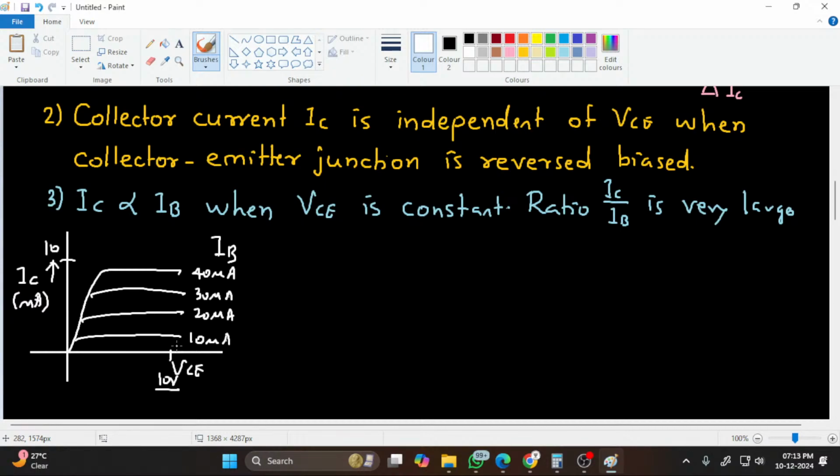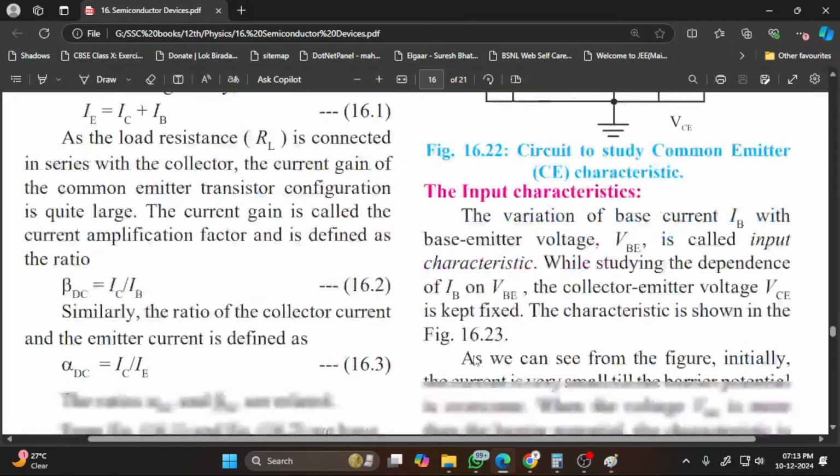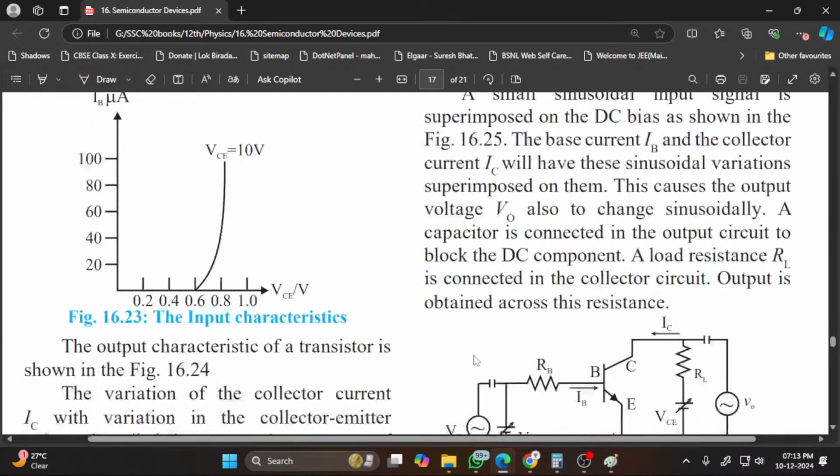So this property of transistor, where your collector current is directly proportional to base current, and for a small base current you are having a large collector current, is used in the circuit called amplifier. So we can use the transistor as amplifier.